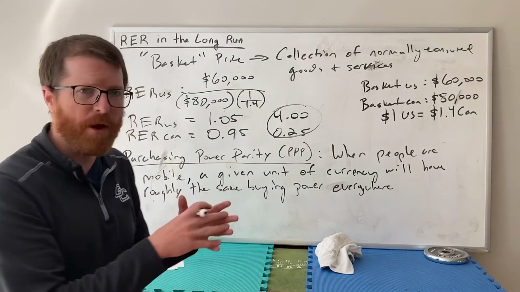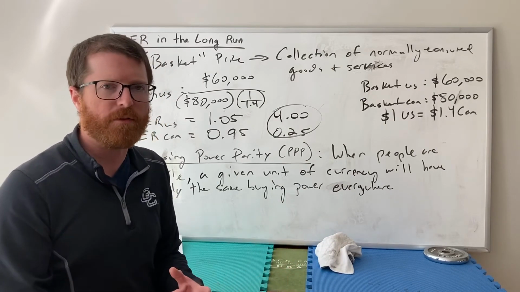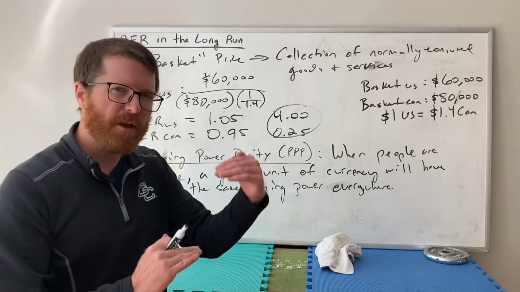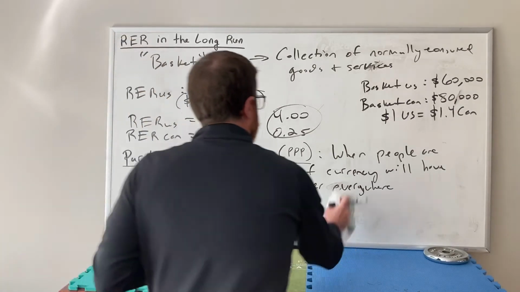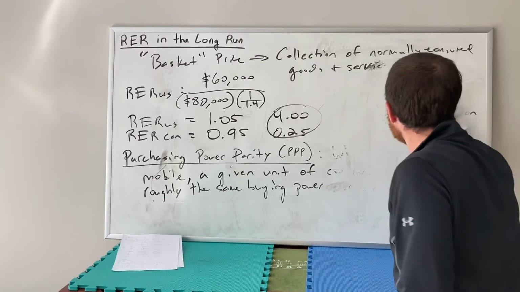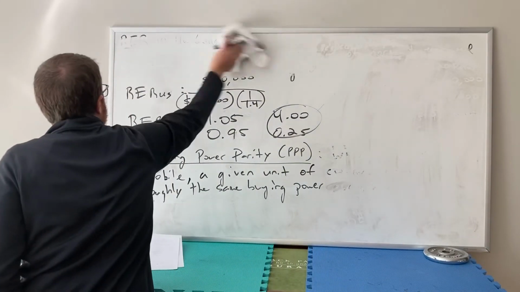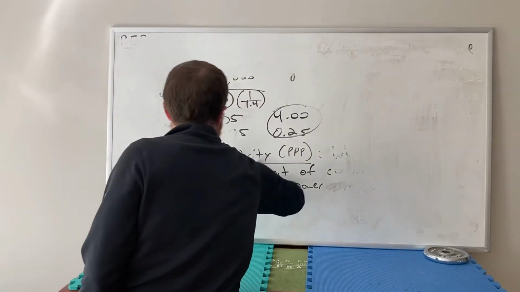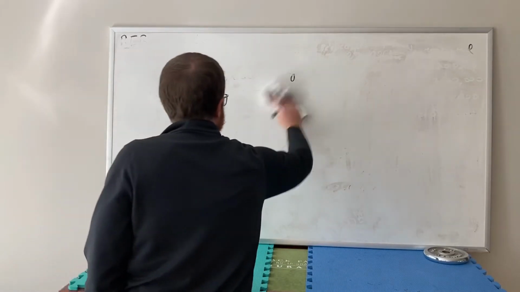And purchasing power parity is basically just pointing out that as people move around to exploit the system, the cost of living is going to calibrate and become closer to equal over time. All right? Now, you're not going to have full parity, right? Full parity would mean the literal answer of $1 having the same buying power everywhere. That won't happen because people are not perfectly mobile, because transaction costs do exist.